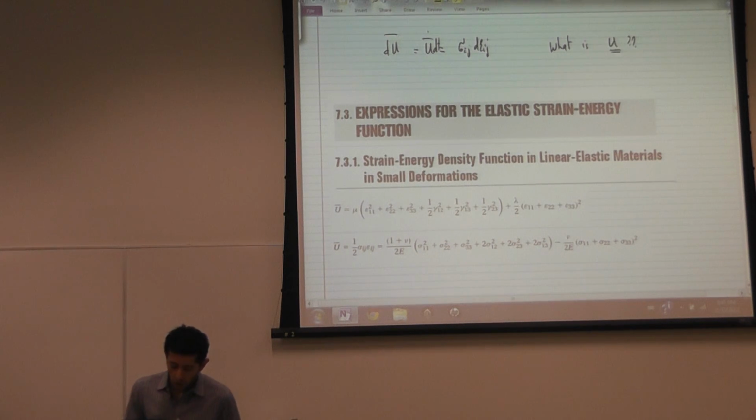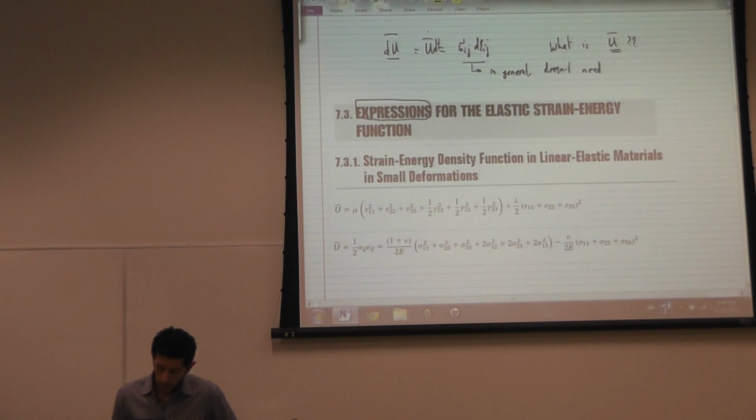I have the rate of change of u, but what is u? So, what possible expressions can I have for u? Now this is in general and doesn't need to be elastic. The material does not need to be elastic.